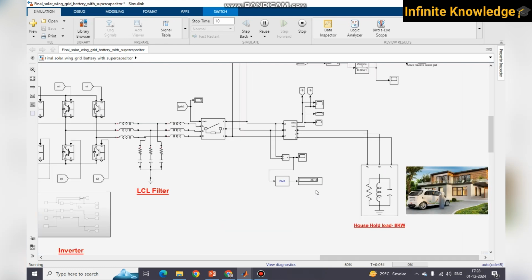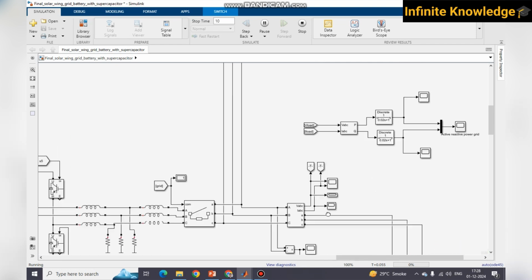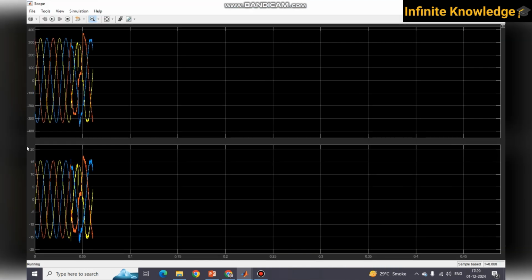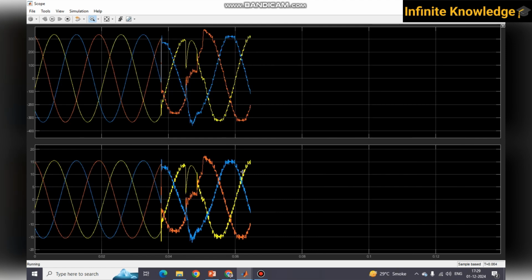Yes, you are getting proper output. So initially it was from the grid, and then why this variation is there? Because right now the inverter has come into the picture, and the inverter has some ripple. You cannot get a clear sine wave. There is some ripple because we have used the inverter.